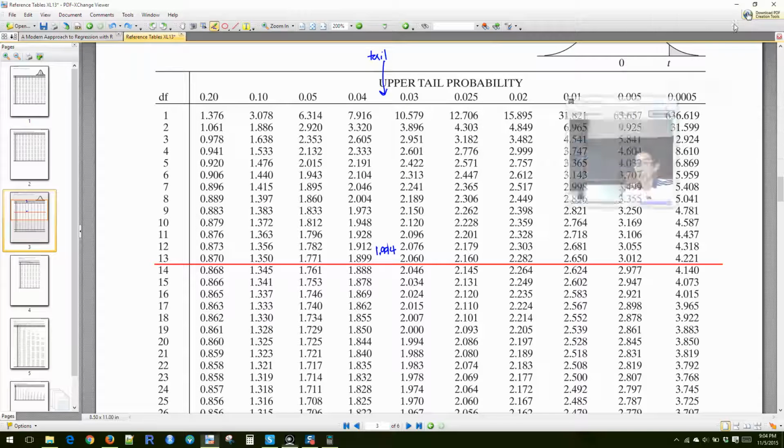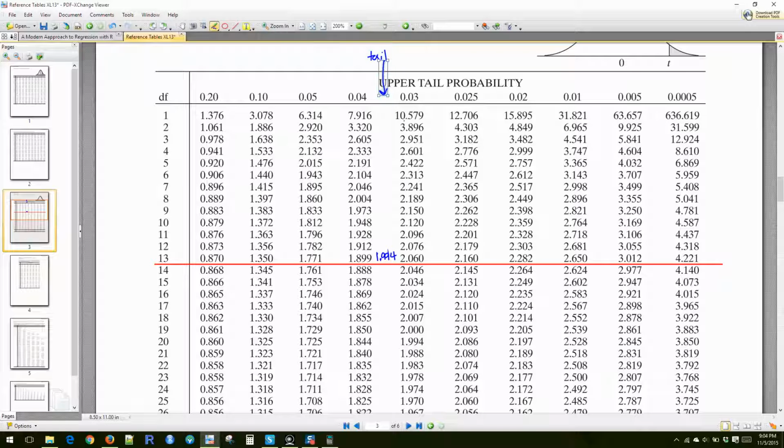Or if my test value was like 5, I would know that my tail goes over here. Is this okay? I'm just finding where my test statistic is in this line, and then my tail probability is between the column headings for those columns.